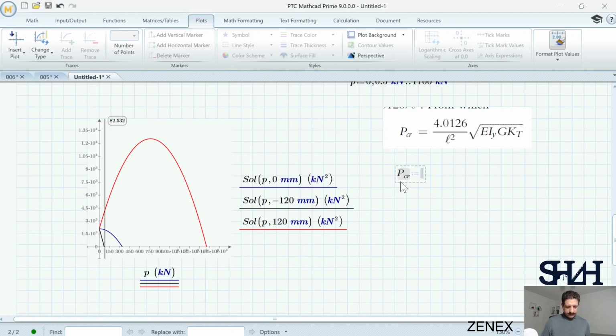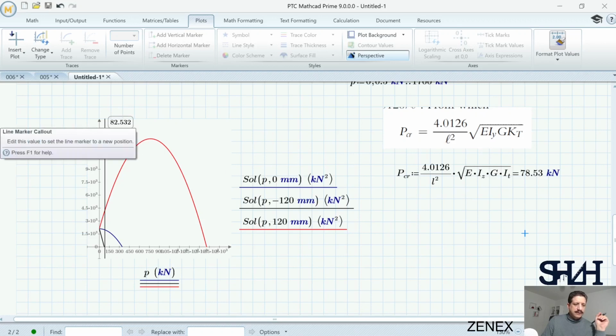P critical is, divided by L squared, times E times Iz times G times It. So it is 78 kilonewton, and we can see that it's very close to 82 kilonewton.